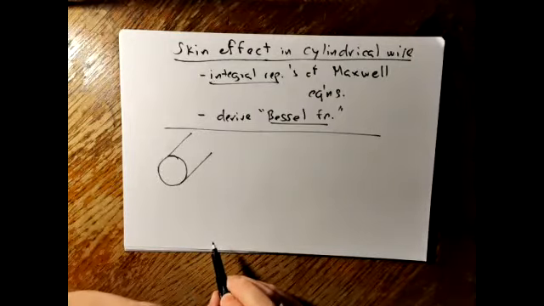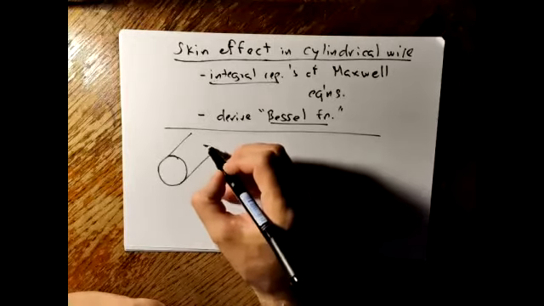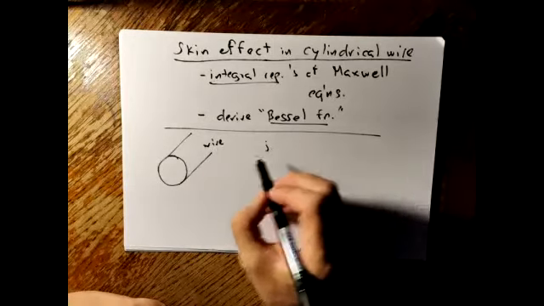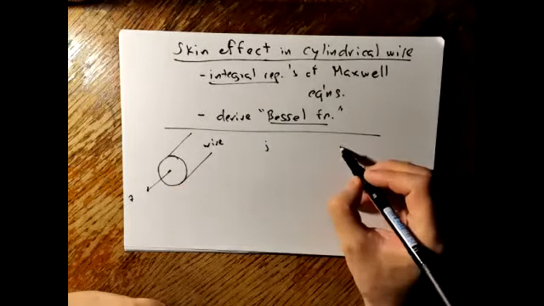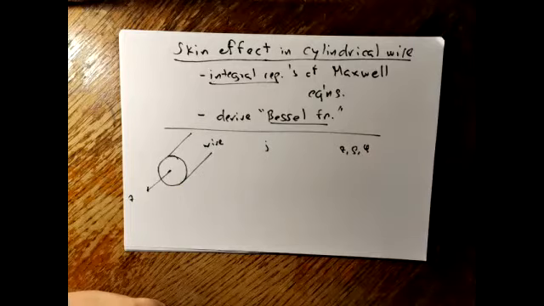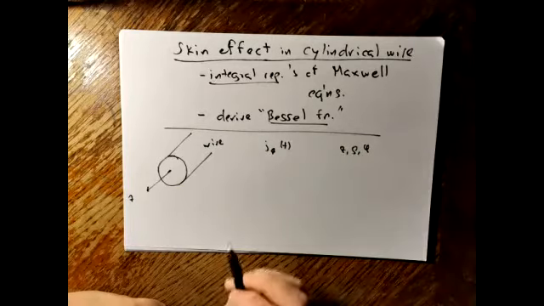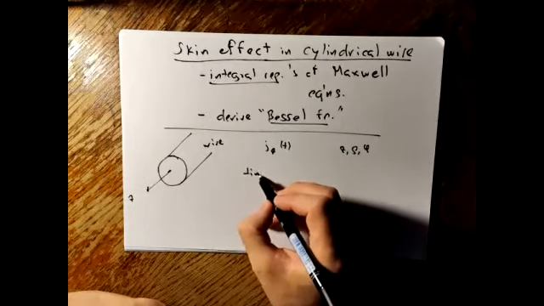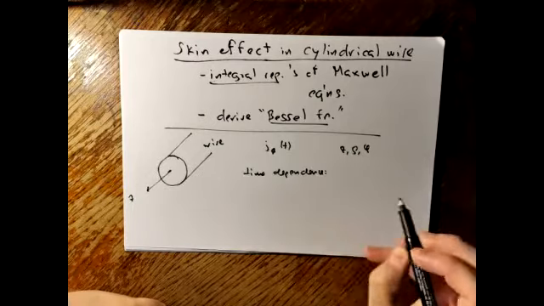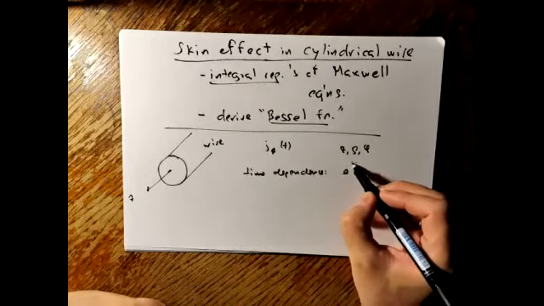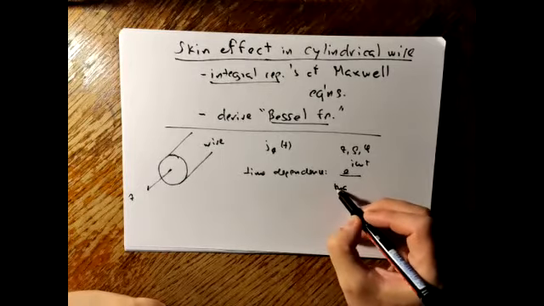So what is the problem? Basically we have a wire. I'm going to call this the Z direction, so my coordinates are going to be, of course, Z, rho, and phi. We run a current in the Z direction, and we assume that the time dependence of this current is harmonic, say e to the i omega t.